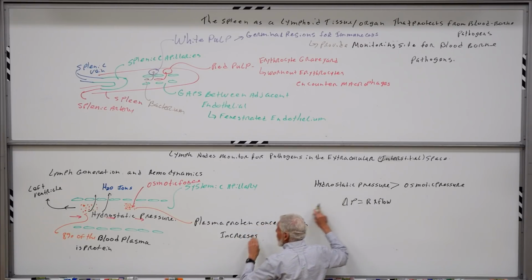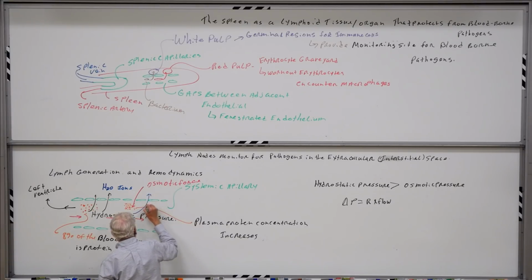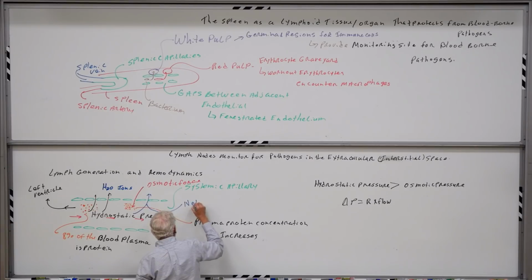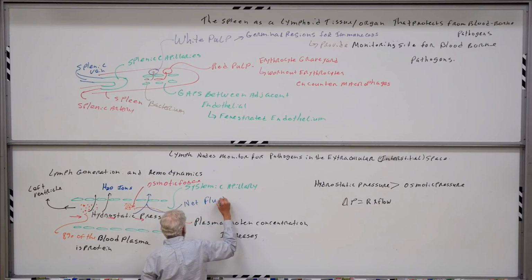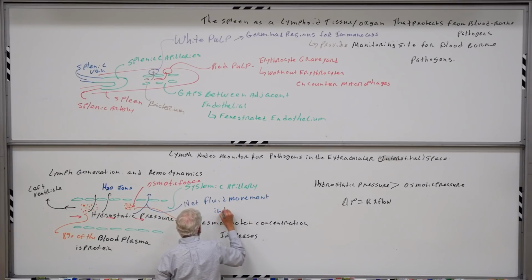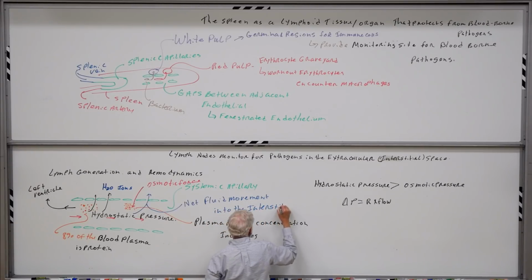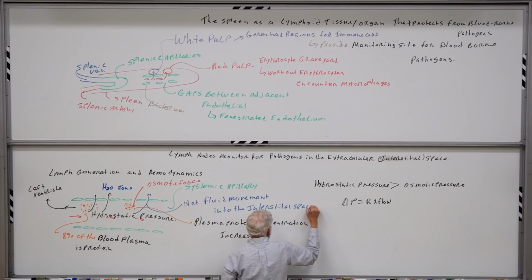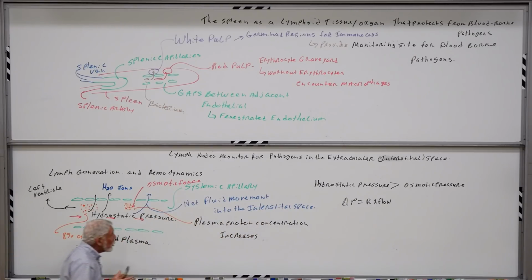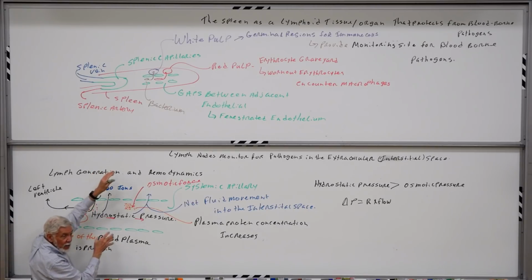But because the hydrostatic pressure is greater than the osmotic pressure, the net movement of fluid is out into the extracellular space. So there's a net fluid movement into the interstitial space. Now, this term, interstitial space, is simply a fancy term. It means all of the extracellular environment around cells beyond the blood vascular compartment.